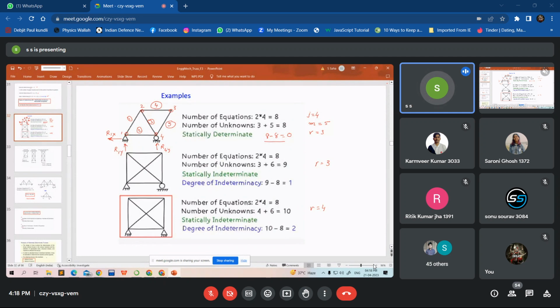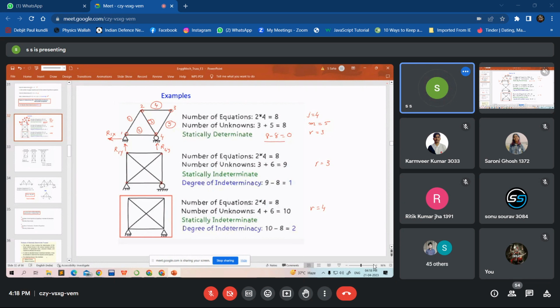So here, if you do the same thing over here, same equations, the number of equations is 2 into 4. The joints are the same, 1, 2, 3, 4. Okay. Number of equations is 4. Number of unknowns is 3 plus 6, 9.